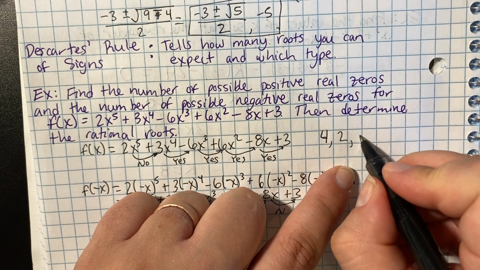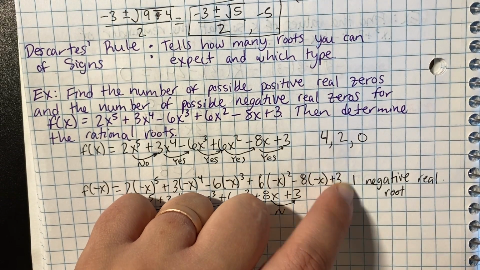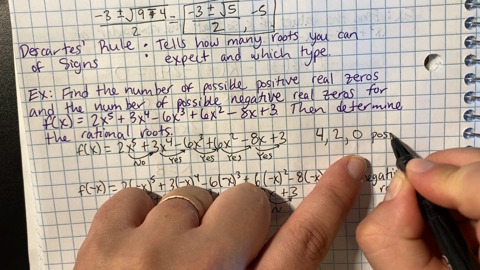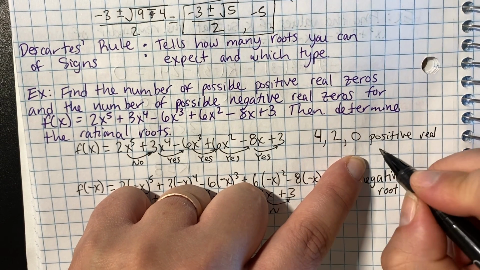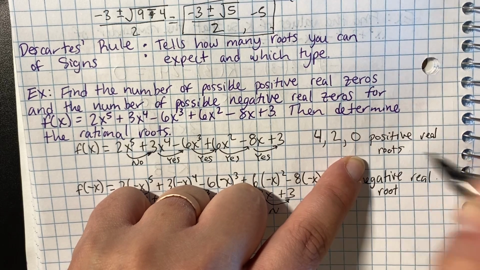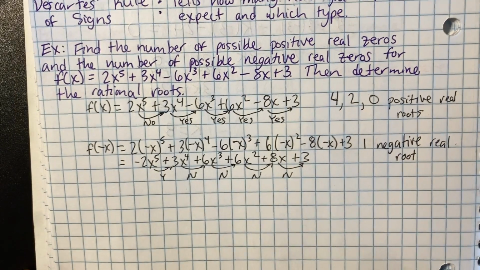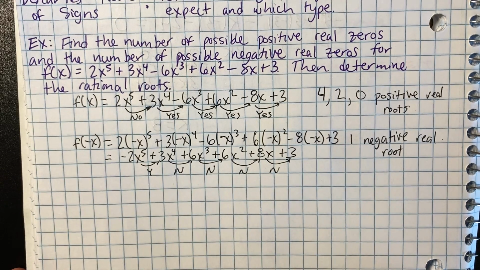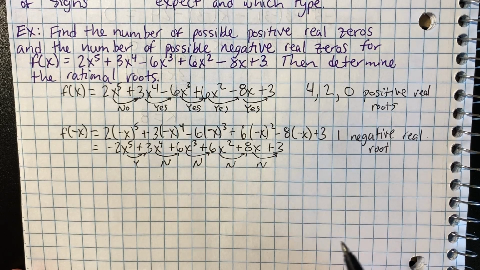Or we could have 0 positives, 1 negative, and 4 imaginaries. Okay. Why this? This helps us to figure out what our roots are.